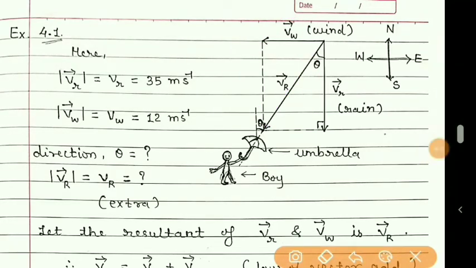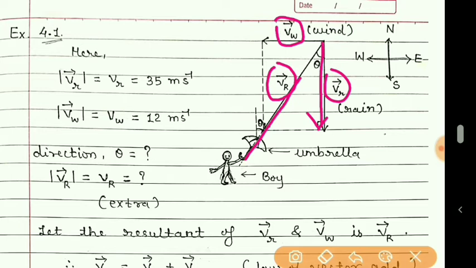And so it is clear that this boy has to keep his umbrella towards the rain which is falling on him, and this resultant effect is due to the actual velocity of rain and the actual velocity of wind.